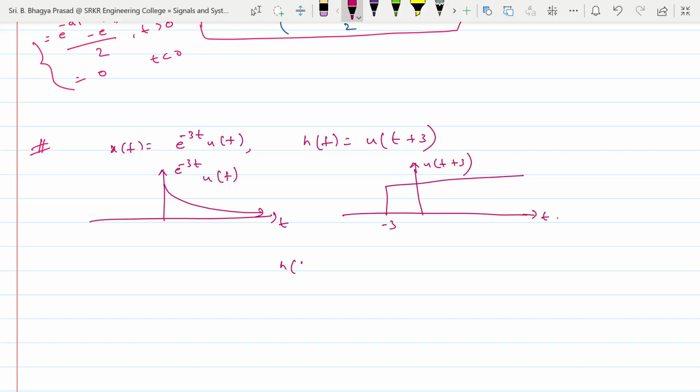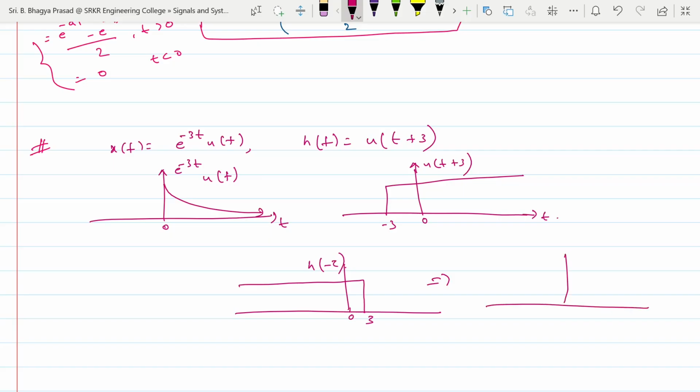So I want to make t minus tau as time fold. So let us first plot the time fold signal, that is h of minus tau, that will be like this. This is origin, this is the minus tau signal, and if you go for the time shift, that is h of t minus tau, let it be represented like this.